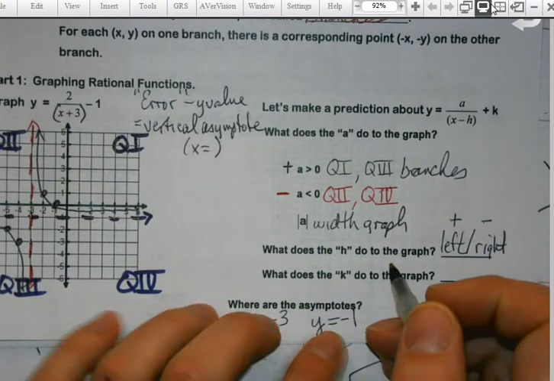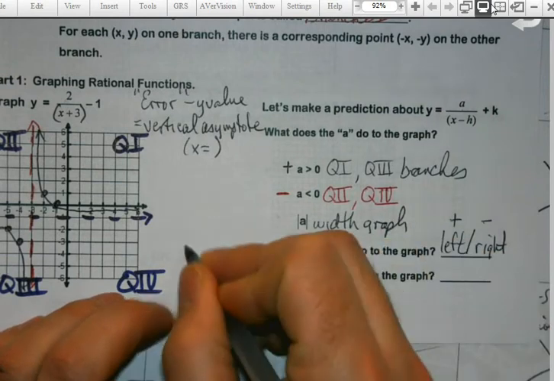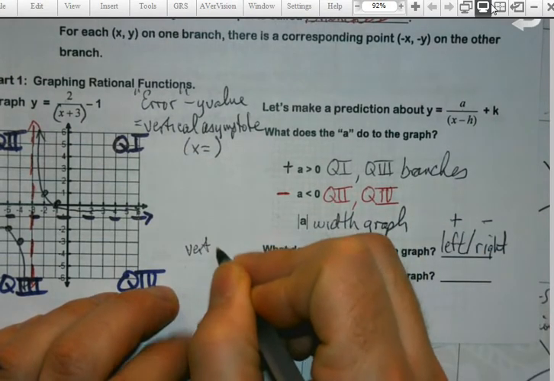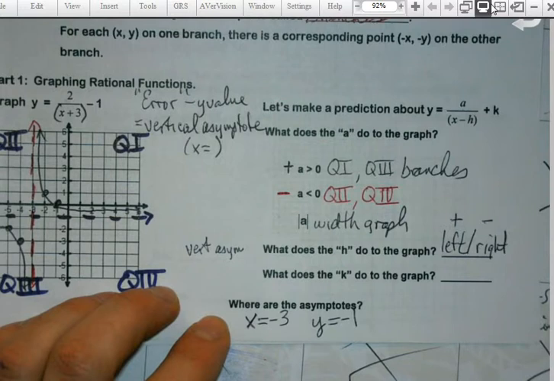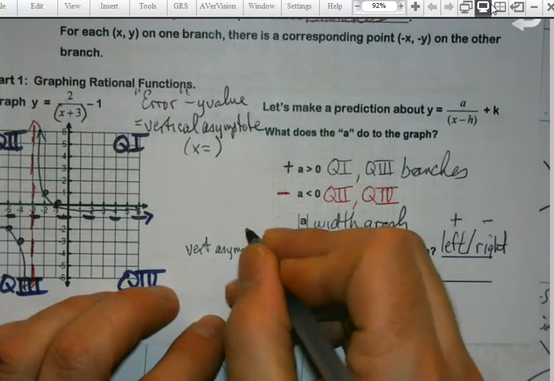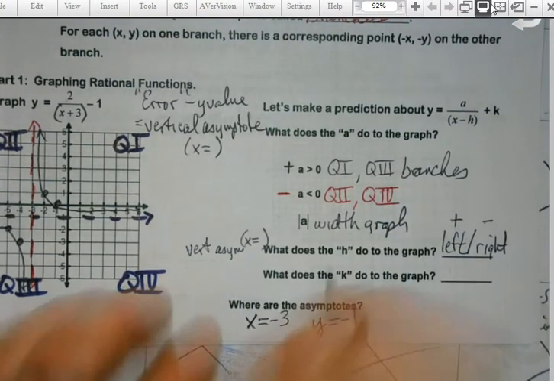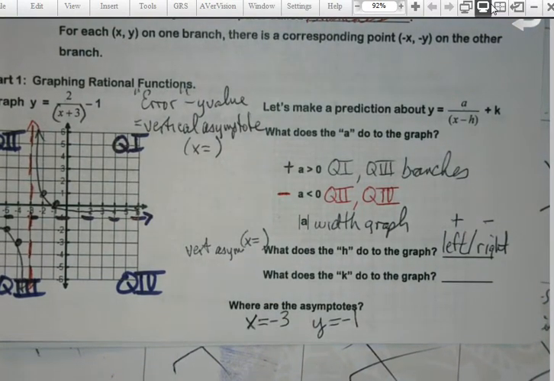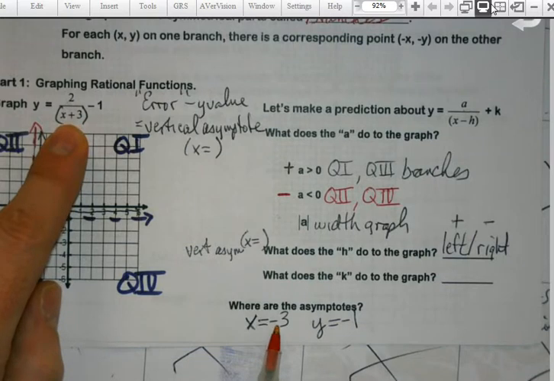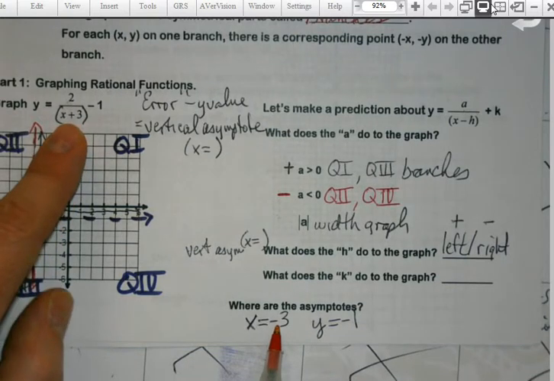This has a direct correlation to my vertical asymptote, again, which is my x equals. Because you notice here, left 3 shift, asymptote x is negative 3, directly connected to each other.